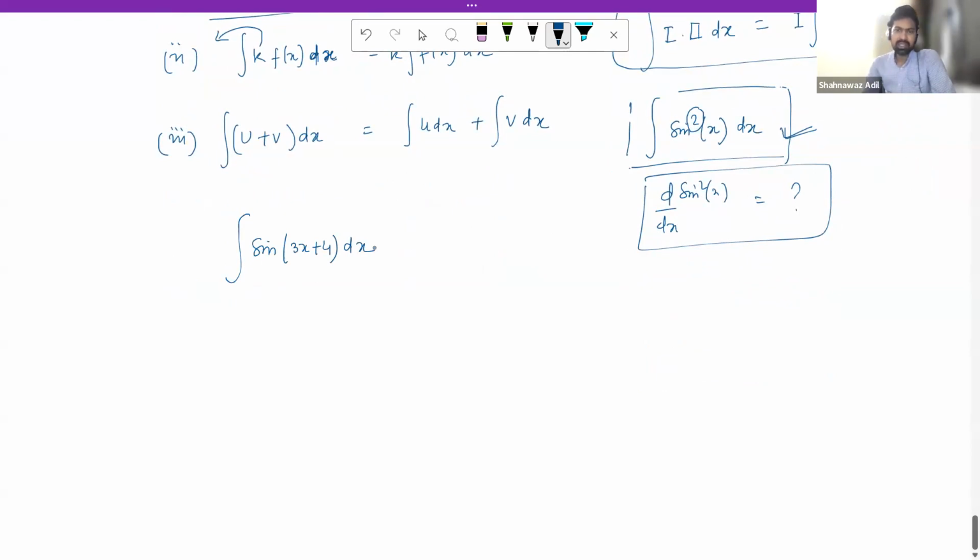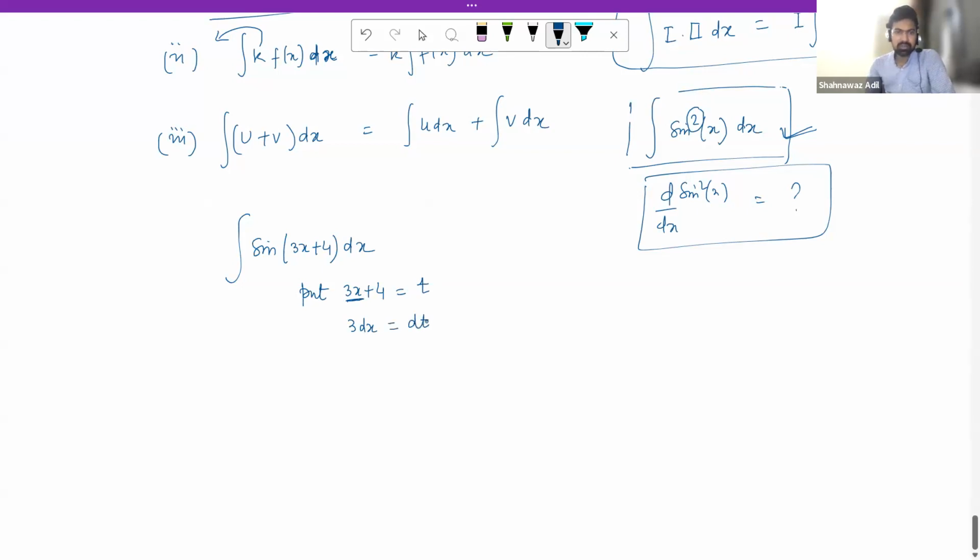So this one is linear. What we can do is put 3x plus 4 as t. Now if I differentiate this, this would be dx, and the constant would be 0, and this is dt.